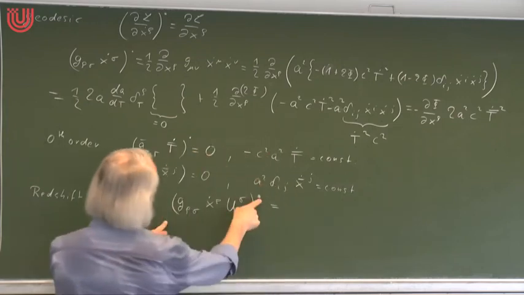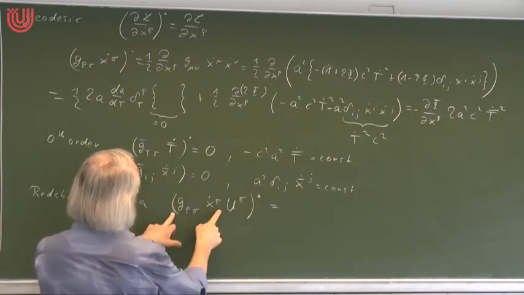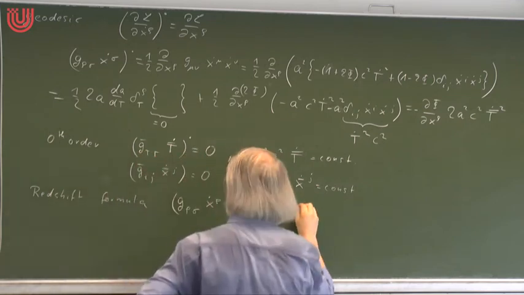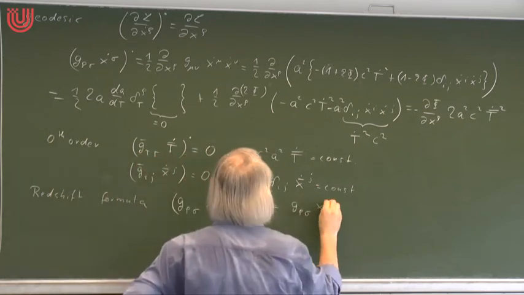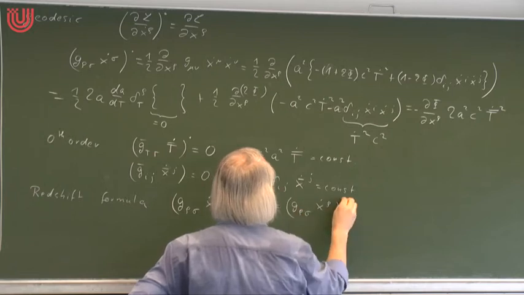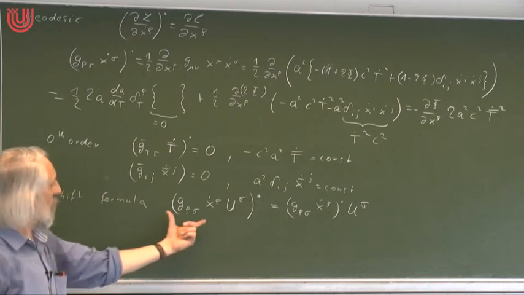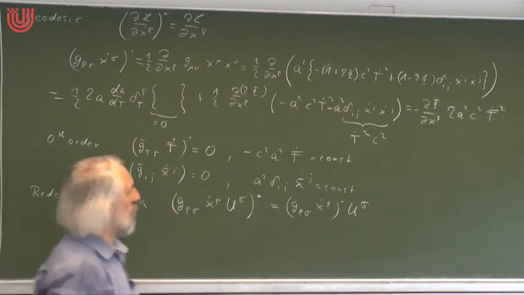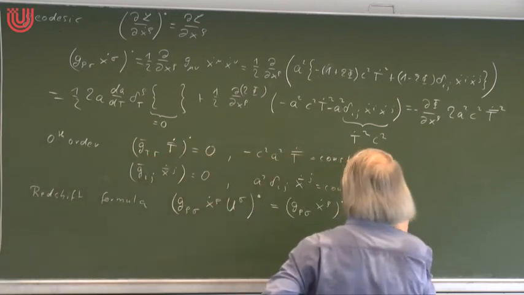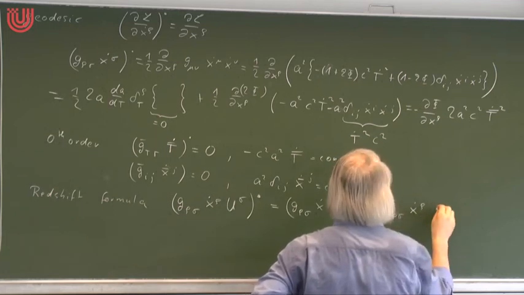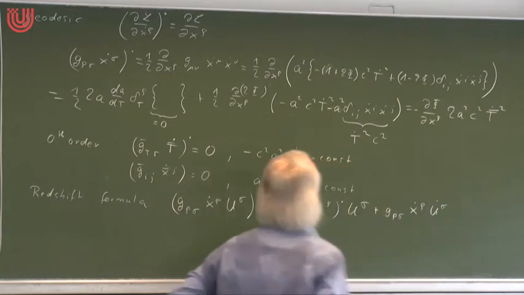So to calculate this derivative, I use a product rule. I differentiate this and leave the u^sigma constant. Then I have this here, and the u^sigma is left constant. And then the term where I leave this constant and differentiate the u^sigma: x^rho dot u^sigma dot.